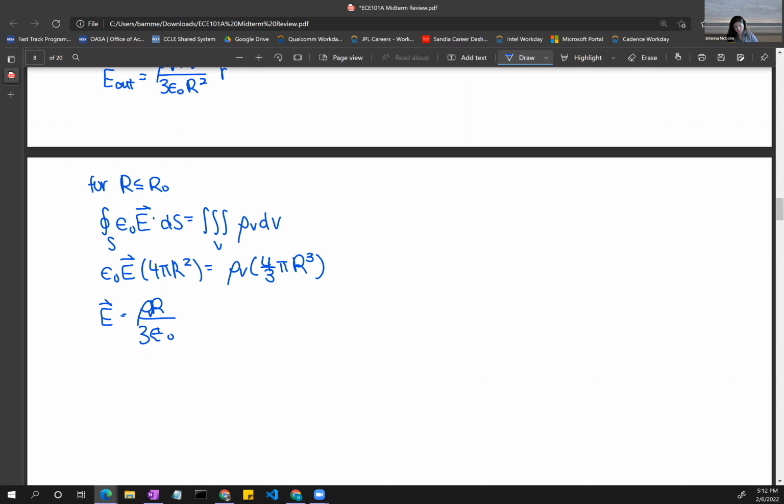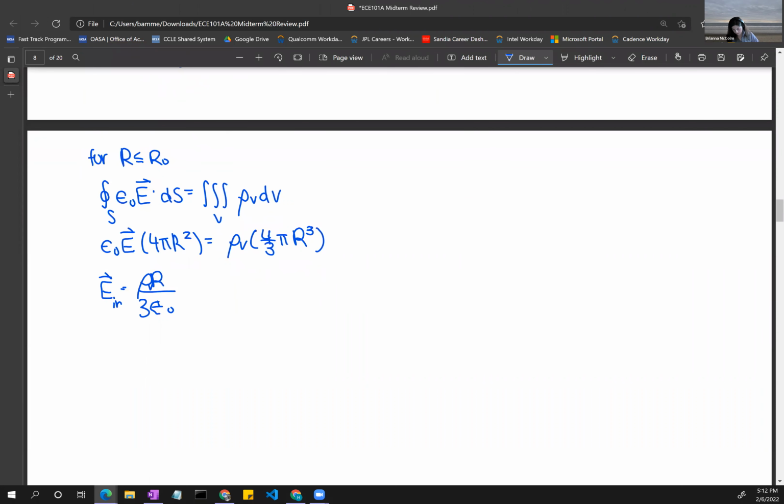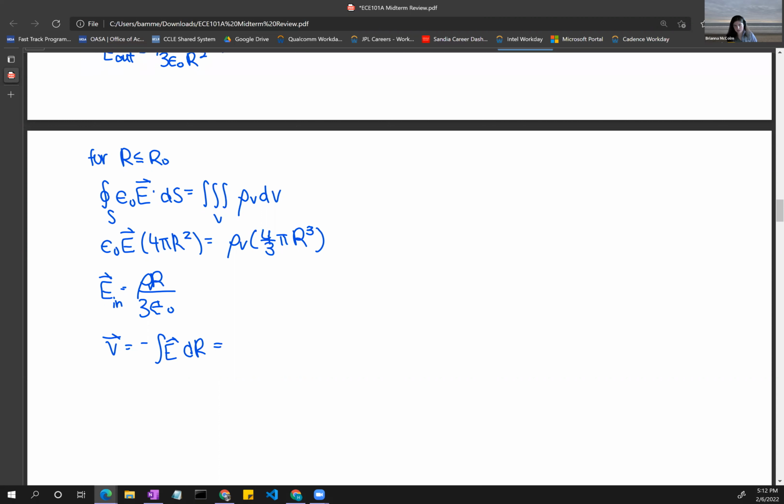Now we have to do a similar method to find the potential. So we have the inside electric field, and now we need the potential. So we're going to integrate in the same way. However, this time we have to split the integral into two parts because we have the integral from negative infinity to r naught, which is the outside portion of the sphere.